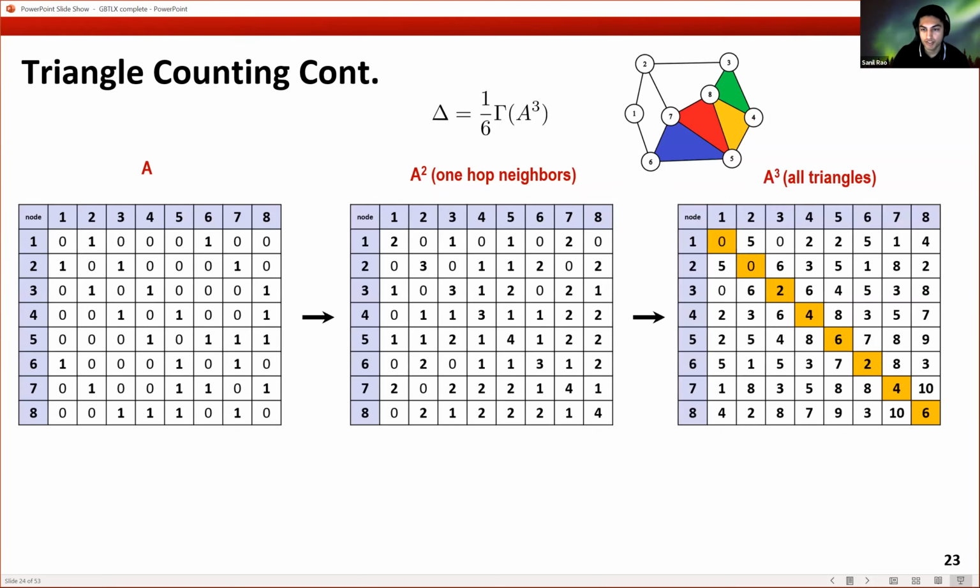Now we take the A squared matrix and multiply it again with the original matrix, and this gives us our A cubed matrix. What this has done is now found all length 3 paths from one node to any other node. If we again focus our attention on the diagonal elements, we'll see that because we're going from a starting node back to itself, we have found a triangle for that particular node, because a triangle requires 3 edges and it has to start and end at the same position.